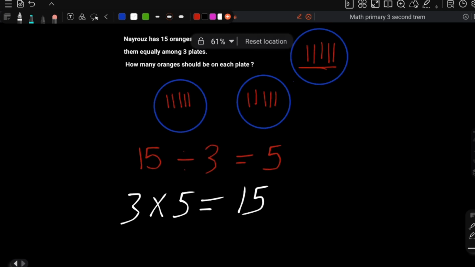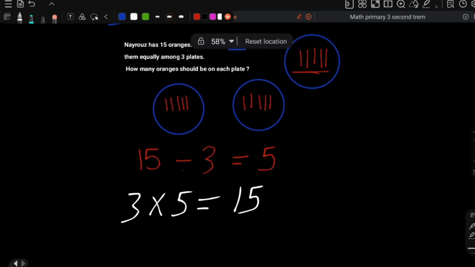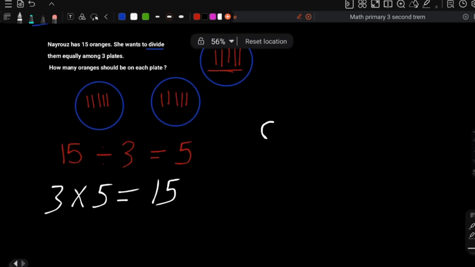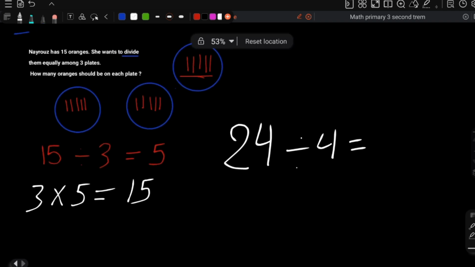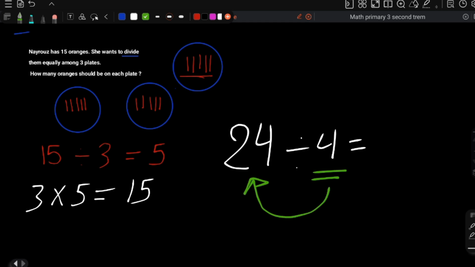Okay, and we said also that by saving the multiplication tables in our mind, we can divide easily any number by the same number. Okay, for example, if I told you that 24 divided by 4 equals what? So you will ask yourself a question: 4 times what number gives me 24?